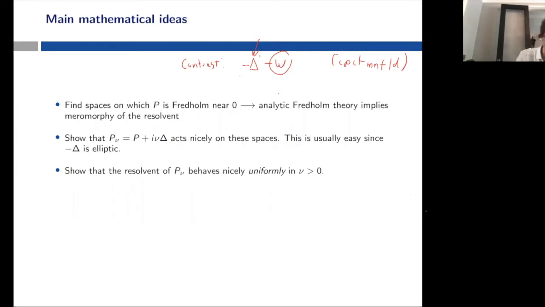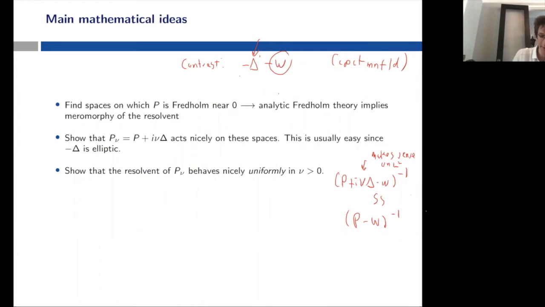The way I want to think about this is I want to think about comparing the inverse of P plus I nu Laplacian minus omega, in some sense, to the inverse of P minus omega on some spaces. So this resolvent here, this one makes sense on L2. I need to make sense of it in some uniform way as nu goes to 0 on these nu spaces.